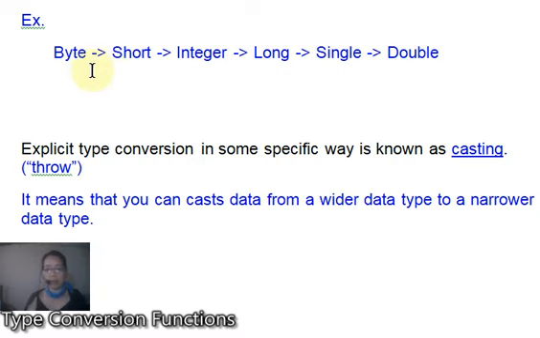So from lower to higher, you are converting the amount or size of the document or the value of a certain number. So that is an implicit conversion from lower to higher.